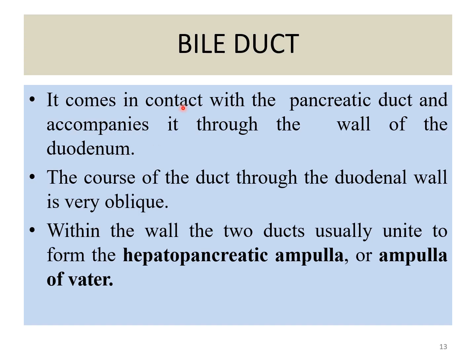It comes in contact with the pancreatic duct and accompanies it through the wall of the duodenum. The course of the duct through the duodenal wall is very oblique. Within the wall, the two ducts usually unite to form the so-called hepatopancreatic ampulla or ampulla of Vater.